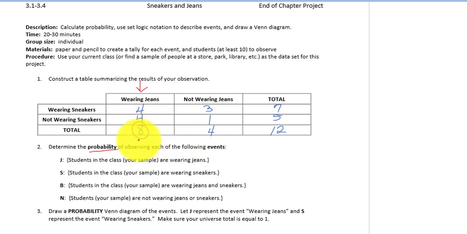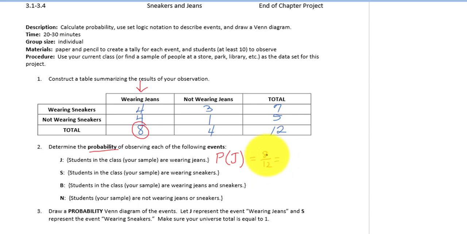I have 8 students, but remember we're going to find probability, so we're not going to write 8 there. So what we're going to do to find that probability of students wearing jeans is first I'm going to write it this way. Probability of event J would be 8 out of 12.